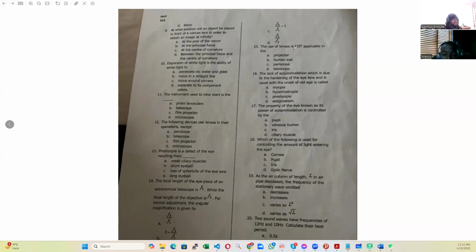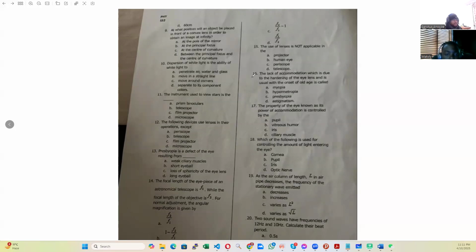The use of lenses is not applicable in the dash. What's the answer? Periscope. Good. Number 16.